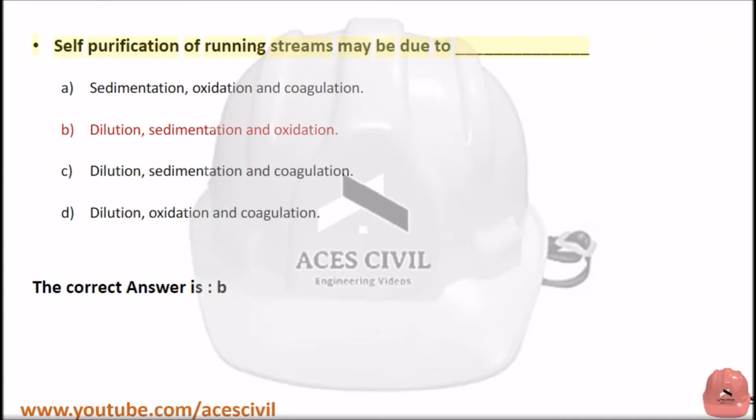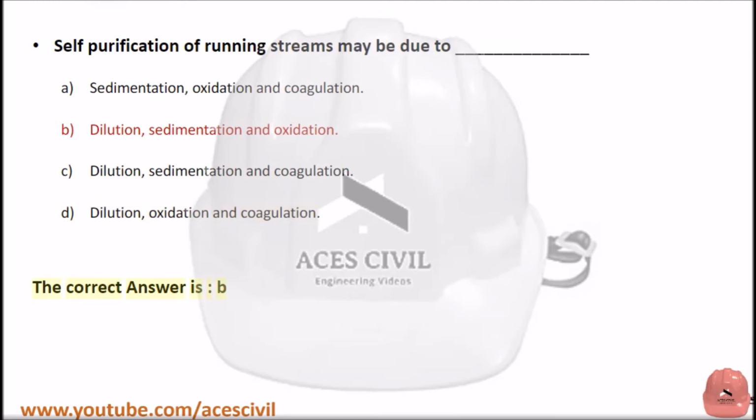Self-purification of running streams may be due to A. Sedimentation, oxidation, and coagulation. B. Dilution, sedimentation, and oxidation. C. Dilution, sedimentation, and coagulation. D. Dilution, oxidation, and coagulation.